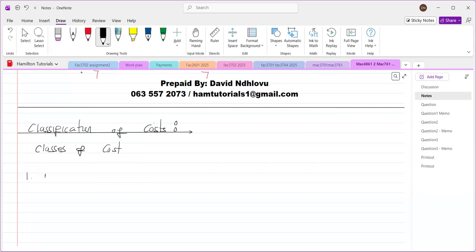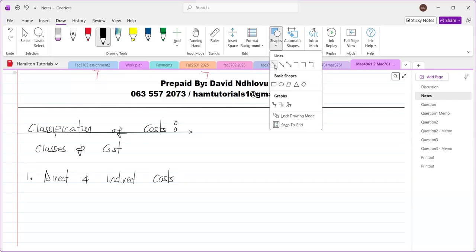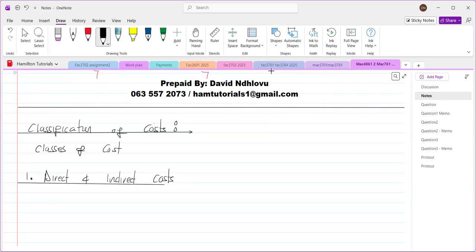Number one, we have what we call direct and indirect costs. So this is our classification number one. Right, so often in management accounting, you will come across the term direct and indirect costing in many different topics.